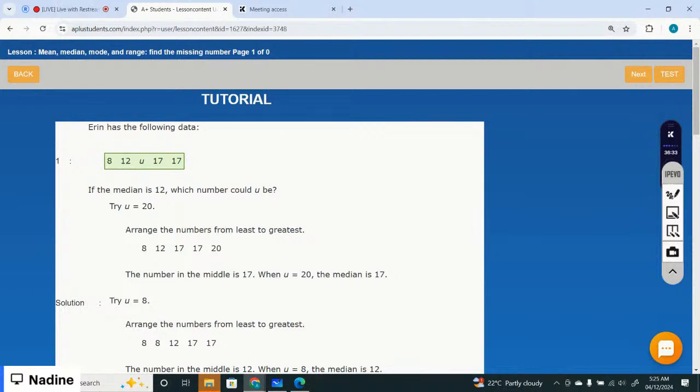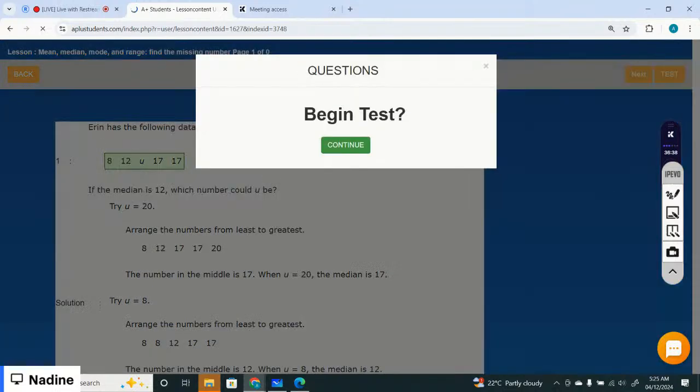Let's just start with the test questions. You can have a look at the tutorial, right? They are already solved.